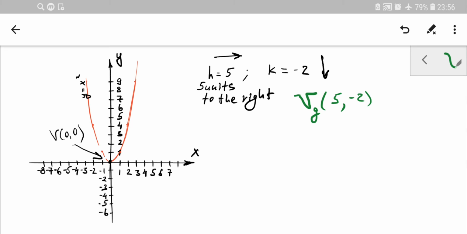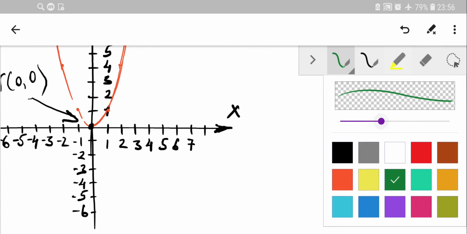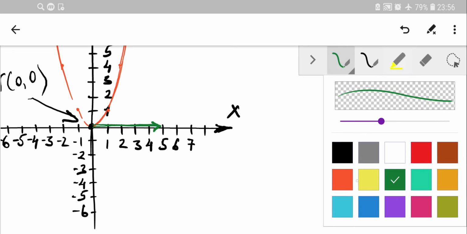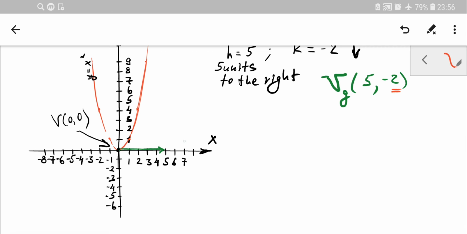Okay, so 5 units to the right, I simply use vectors in order to show the direction of the shift. So we have 5 units to the right from the origin, and I will use red color to denote that we have 2 units down.